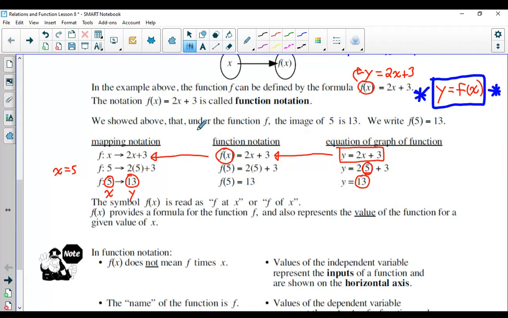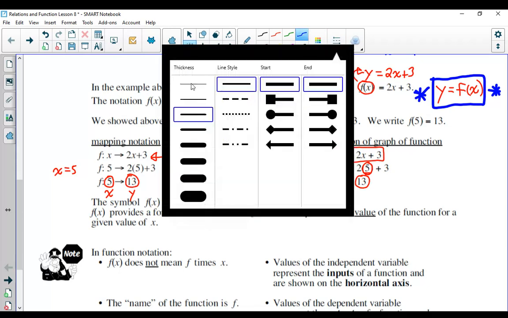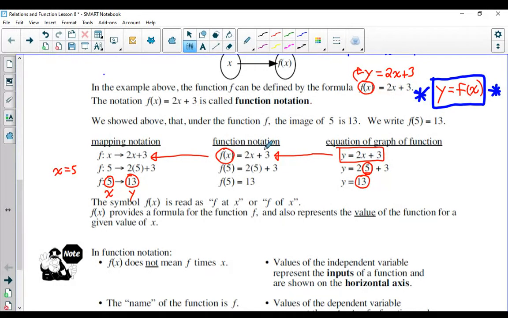In the function notation, here's what we start to do now. You'll notice we start off with f of x is 2x plus 3. Now, what we're saying here is we're replacing x with 5. So this wants me to determine the value of the function when x is specifically equal to 5. So if I want the value of the function when x is 5, just replace x with 5 and then calculate it.